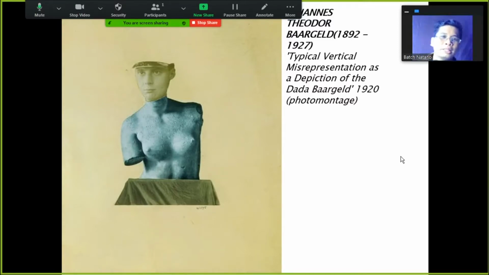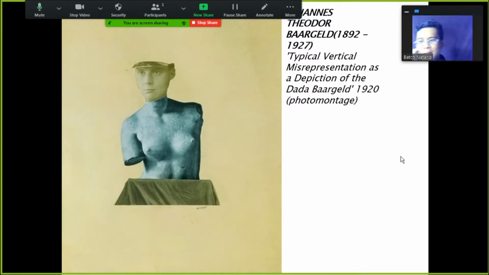It's a typical vertical misrepresentation as a depiction of the Dada Baargeld. Sculpture. What else? If it is a sculpture, how do you interpret the photo? In general, it's a photo montage, a montage of a guy and a photo of a sculptor.